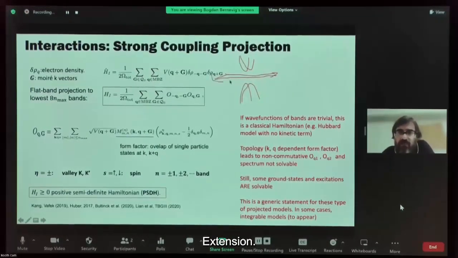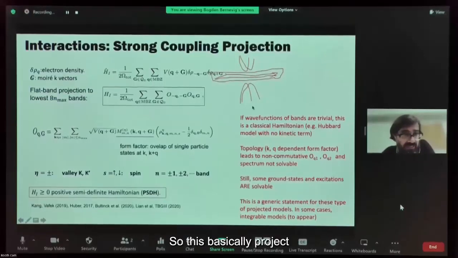So this basically projects the Coulomb interaction, which now is repulsive and not attractive, and it's just a density-density Coulomb interaction, into these bands. These are the density operators projected into these bands, and you again get these form factors which come out of the projection. And these are the only reason for the non-triviality of the Hamiltonian.